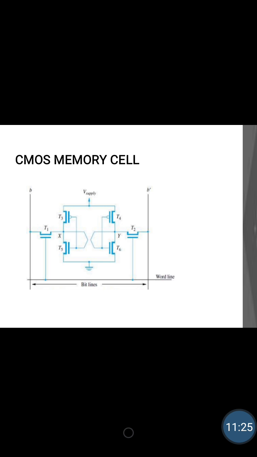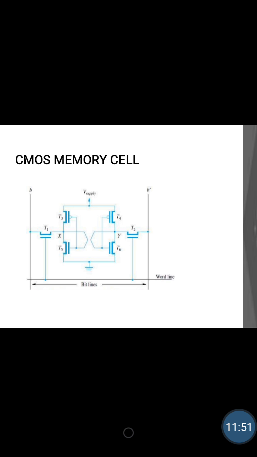Then instead of inverters we have T3, T5, T4, T6 which carry the same functionality as inverters. So, now the CMOS realization of the cell has to be done. The transistor pair T3, T5 and then T4, T6 form the inverters. T3, T5 form one inverter, then T4, T6 form one more inverter.